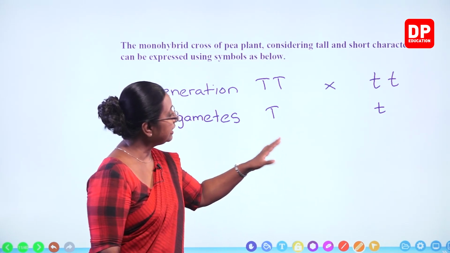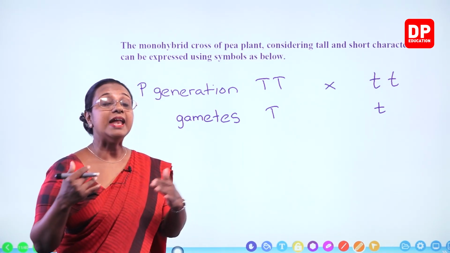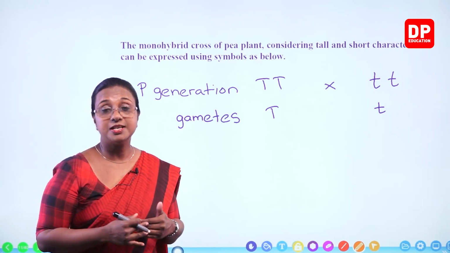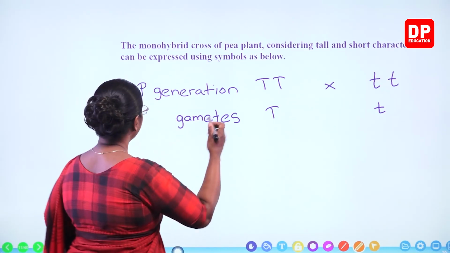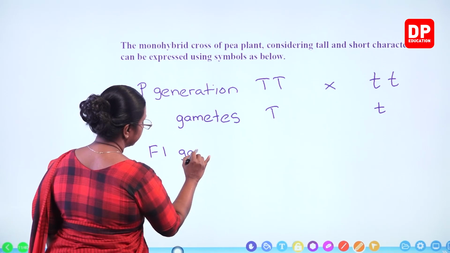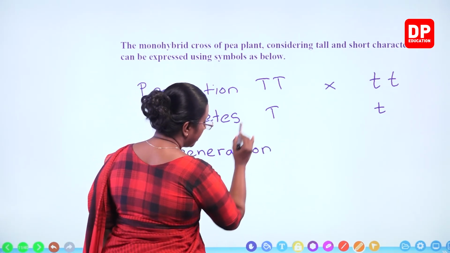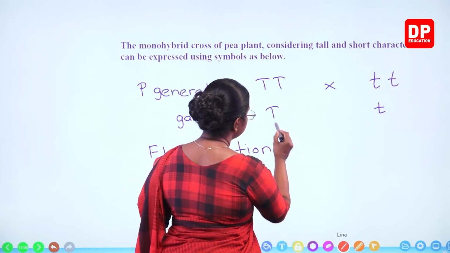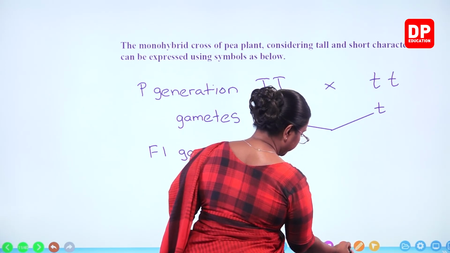Now these gametes can combine together and give rise to the first generation, what we call as first filial generation or F1 generation. Now to form the F1 generation, these two gametes combine together.